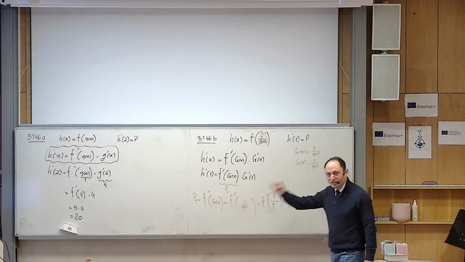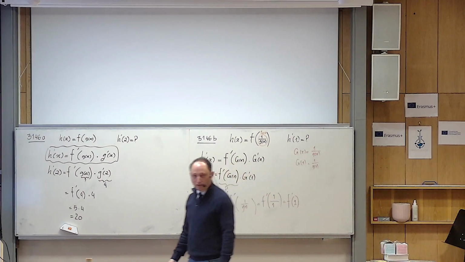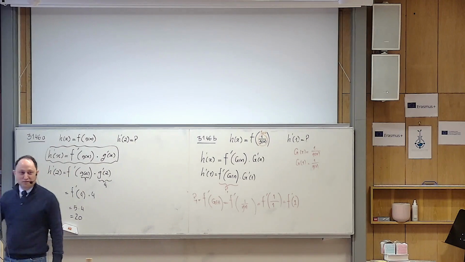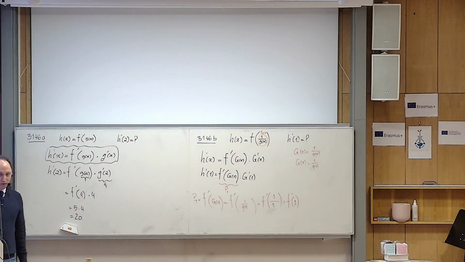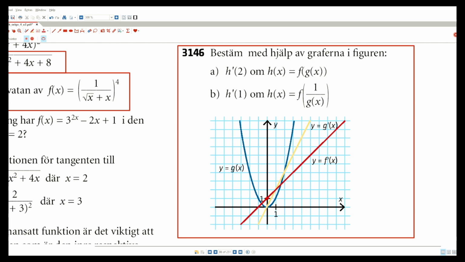Again, this is the second time I look at the picture. This is not a piece of art that I want to look at all the time. Whenever I need it, I look at it. So I need f prime of 1. Which graph is suitable for me here? The red one, because this is related to f prime as you see. So again, I go and find point 1.